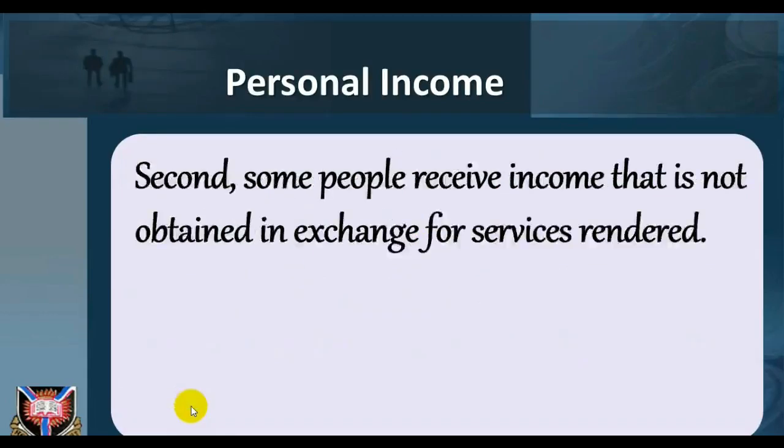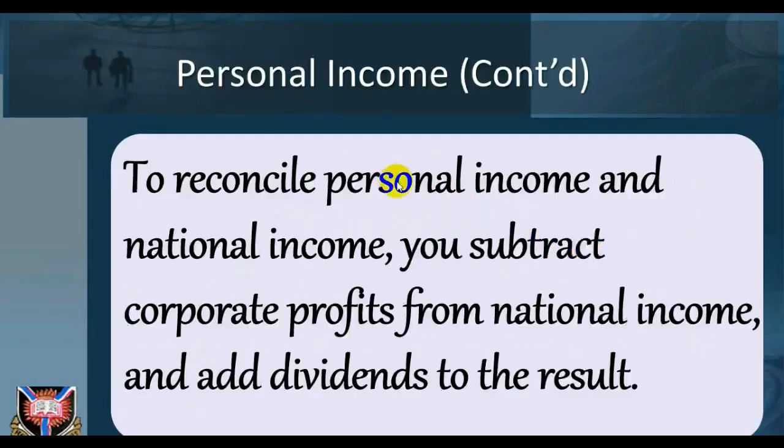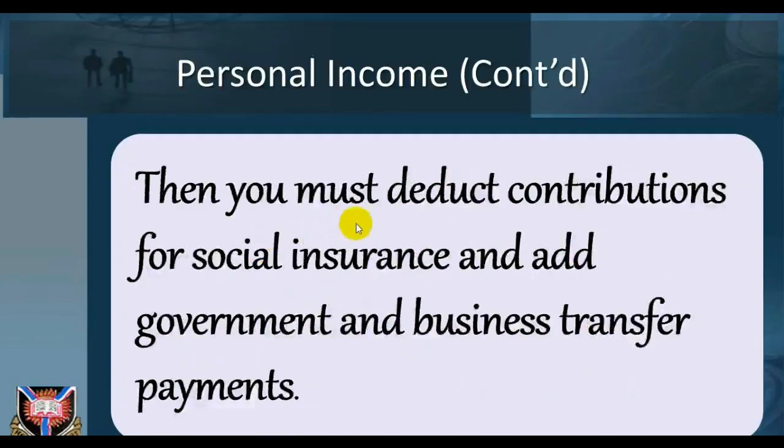Second, some people receive income that is not obtained in exchange for services rendered. To reconcile personal income and national income, you subtract corporate profit from national income and add dividends to the result. Then you must deduct contributions for social insurance and add government and business transfer payments.